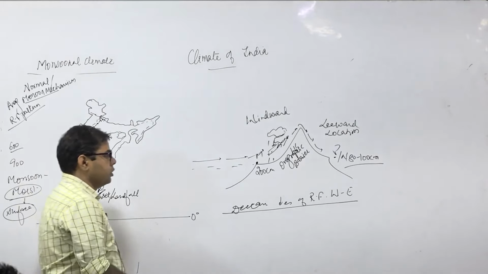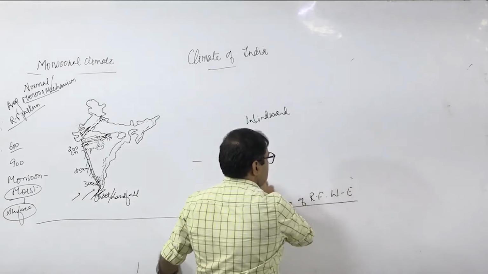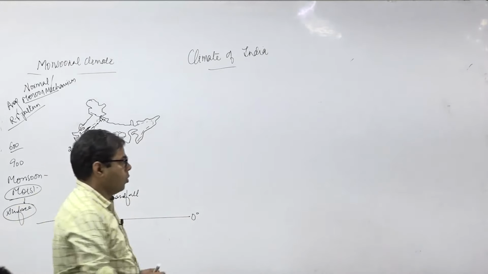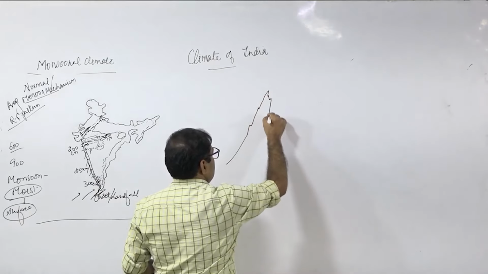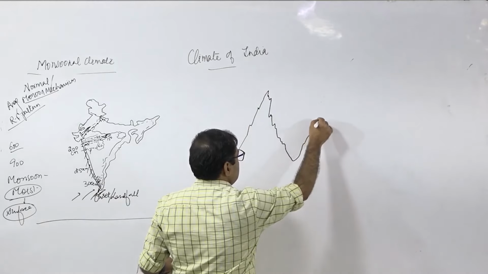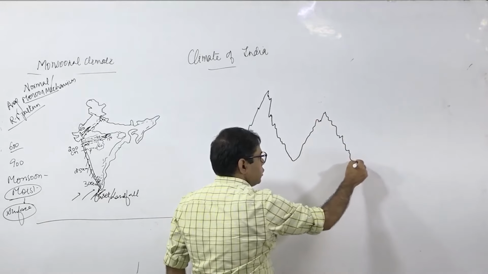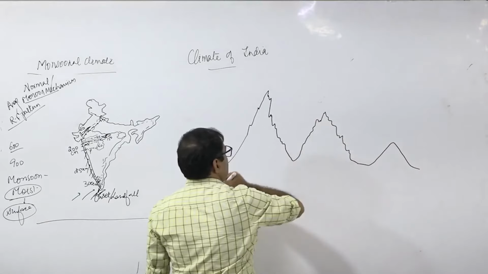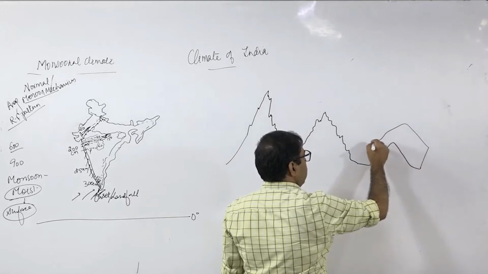So, in Himachal Pradesh and Uttarakhand, in the mountains, this is Great Himalayas, the slope is steeper, this is Middle Himalayas, and here Shivalik. In this Shivalik we have relatively wide valleys.